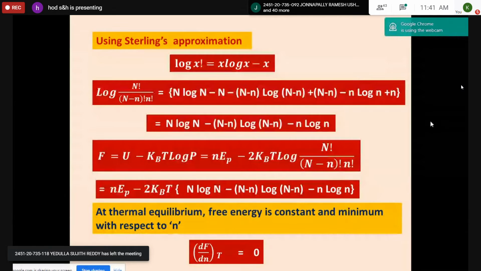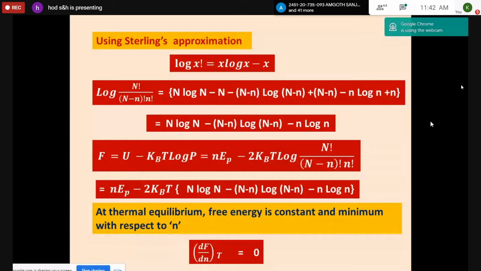Then dF by dn at constant T is equal to 0. The differentiation of F with respect to small n at constant temperature is 0. Now we should take the differentiation of the above expression.